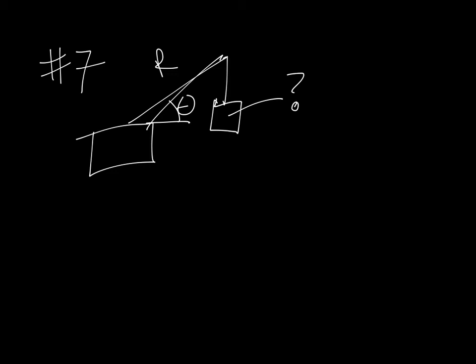Well, in this case, the maximum torque that you have doesn't change for this system, because the maximum torque is the torque required to keep this from falling over. So that maximum torque is the same. So the maximum torque is whatever your answer to number 6 was.